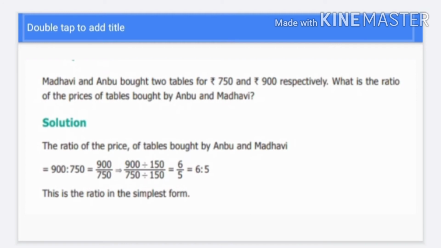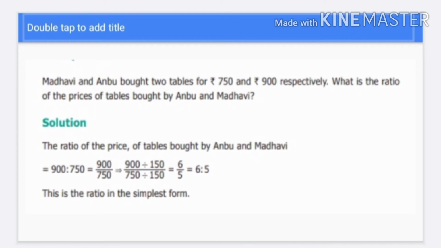Question. Madhavi and Anbu bought 2 tables, rupees 750 and rupees 900 respectively. What is the ratio of the prices of tables bought by Anbu and Madhavi? Solution. Both the quantities are in rupees. The ratio of the price of the table bought by Anbu and Madhavi equal to 900 is to 750.